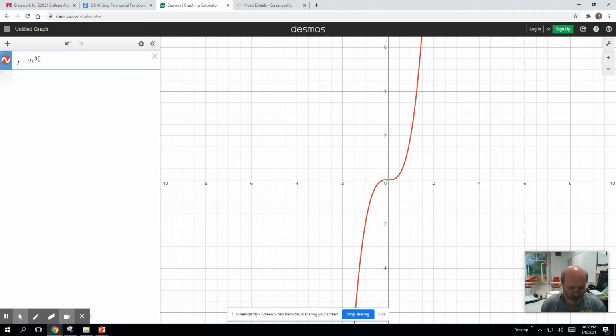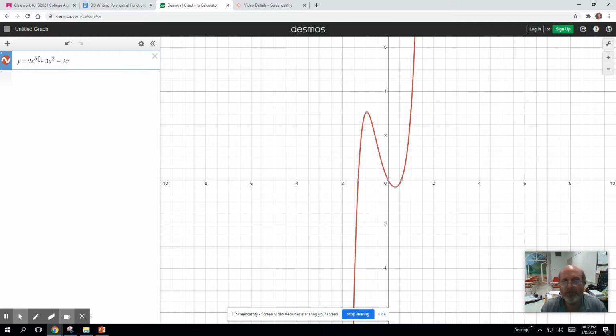Let's change this to an x to the fifth, and let's add a few more terms in here. So plus 3x squared minus 2x plus 5. Oh, let's do minus 2. How about that?